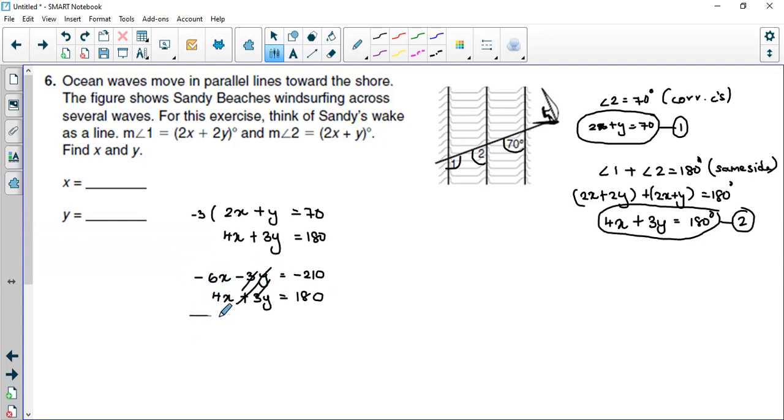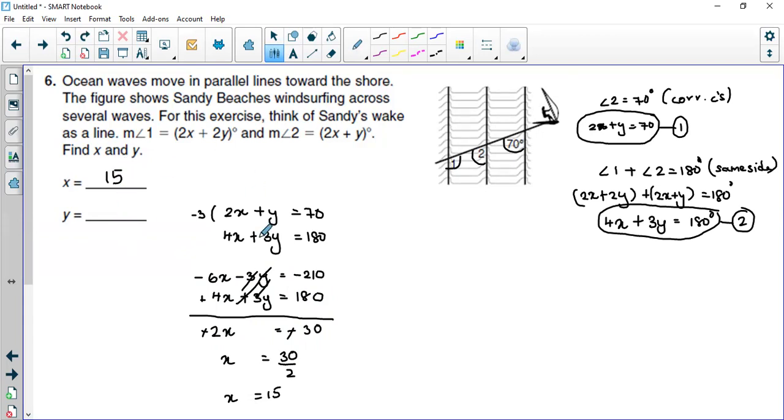The one which is left for us is negative 6x plus 4x. That would give you a negative 2x, which is equal to a negative 210 plus 180, which would give you a negative 30. Now x is going to be equal to, we can cancel these two negatives because on both sides we do not need them. Now we have found the value of x. So the value of x is going to be 15.